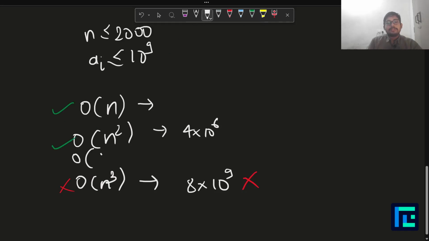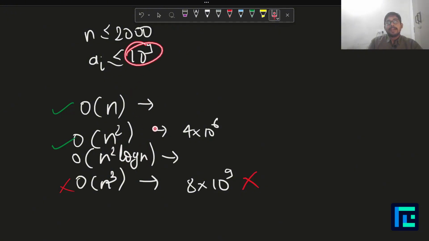If you even go to something like n square and add some extra log n type complexities, that would also not matter. This log n won't be too much. Maybe if log of ai is also there, that may go up to 30 only. So this multiplied by 30 would also be almost fine up to 1e8. So something like n square log ai or log n, those complexities would also be fine.